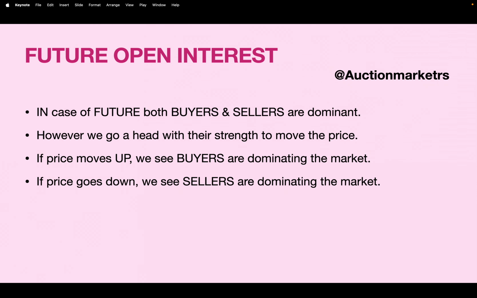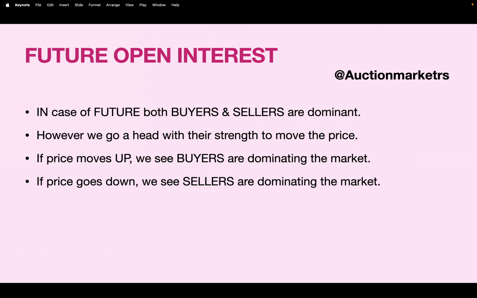So what are future open interests? In case of futures, both buyers and sellers are dominant, but in case of options, buyers are not dominant. Sellers are dominant over there, not the buyers. But in case of futures, both buyer and seller are dominant.